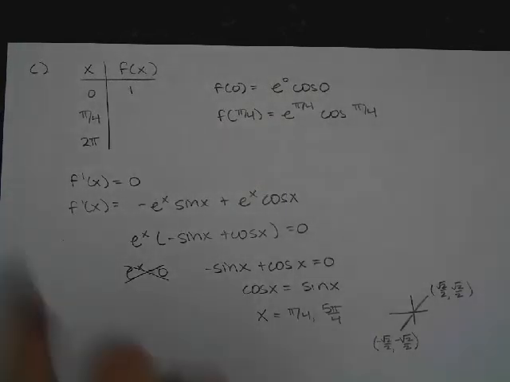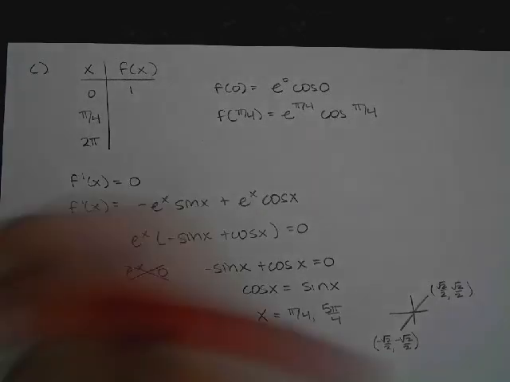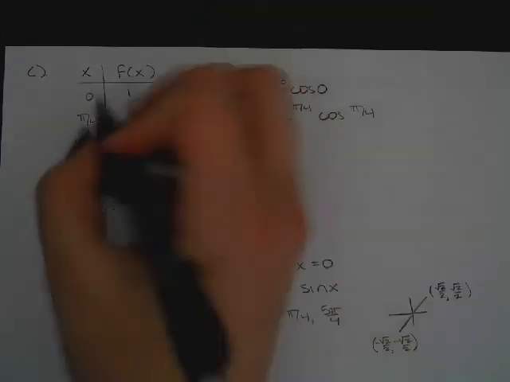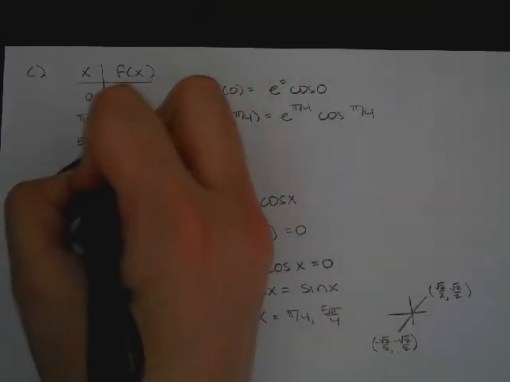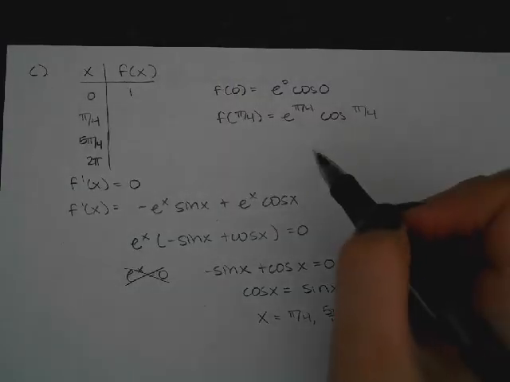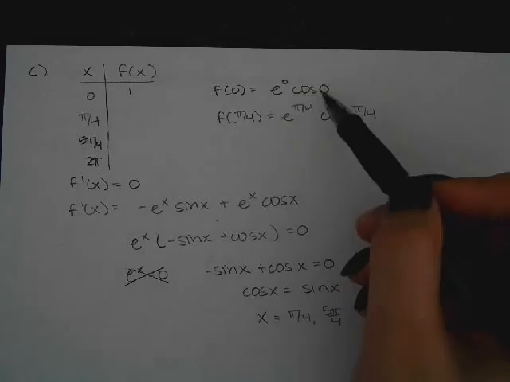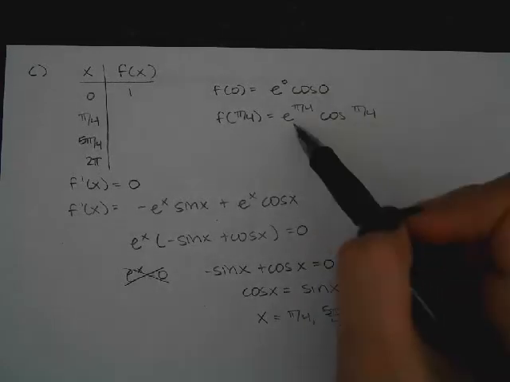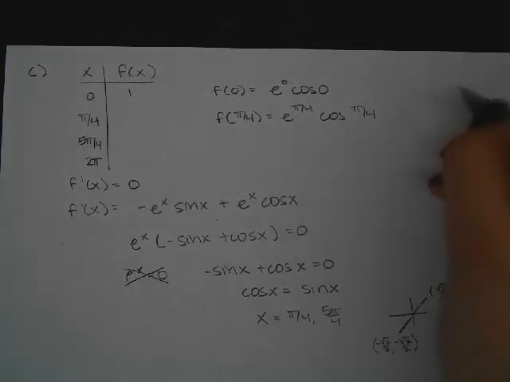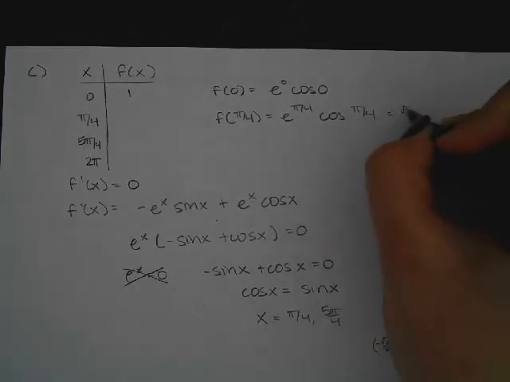Okay, so that means that we just have to consider some more values here. This is why I stopped, because I knew that I didn't have the right answer on the table. Okay, so f of 0 is 1. F of pi fourths, we've got e to the pi fourths times cos of pi fourths. Cos of pi fourths is root 2 over 2.